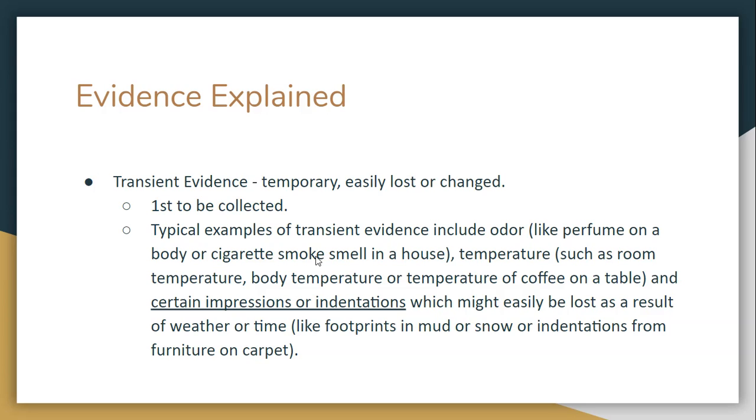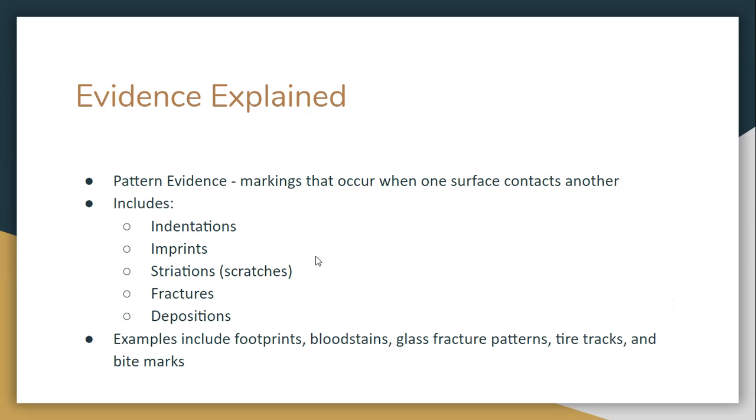Some examples would be observations of odors, like perfume or cigarette smoke, or the temperature of the room or a body, or coffee on a coffee table, or certain impressions or indentations that might be lost due to weather, so footprints in mud or snow, or indentations from furniture on carpet can easily be lost. Mud, if it dries, it'll distort the print. Snow will melt. Indentations from the furniture and the carpet can be vacuumed over and lost, or stepped on and lost.